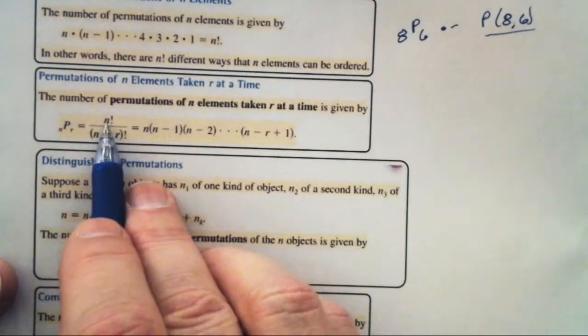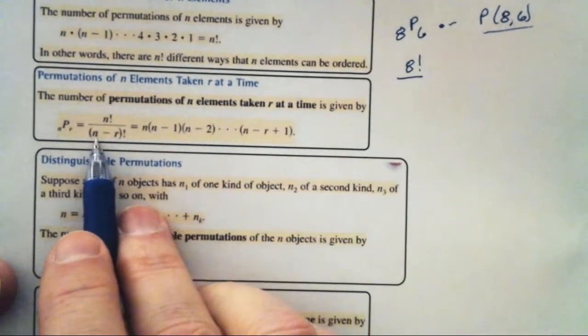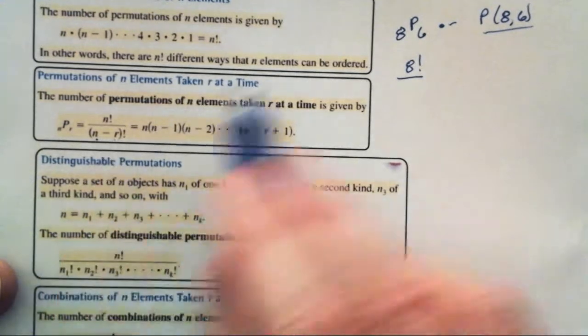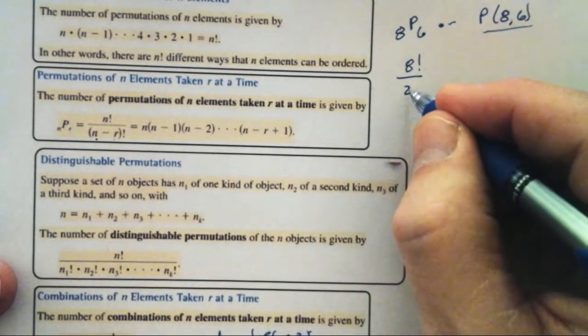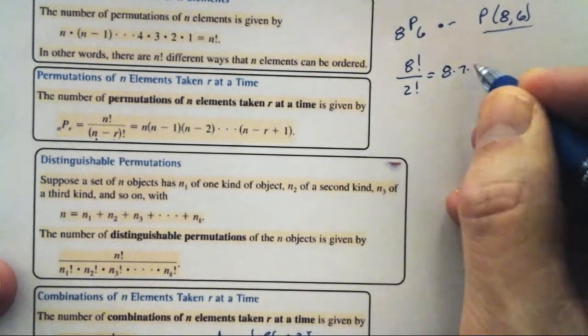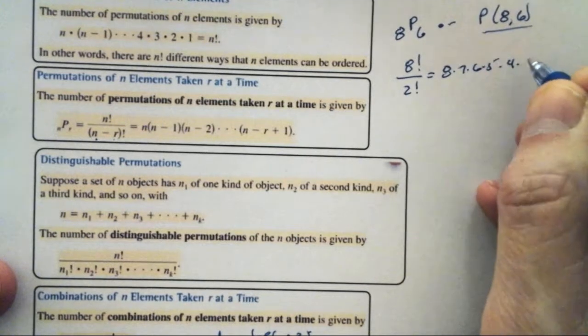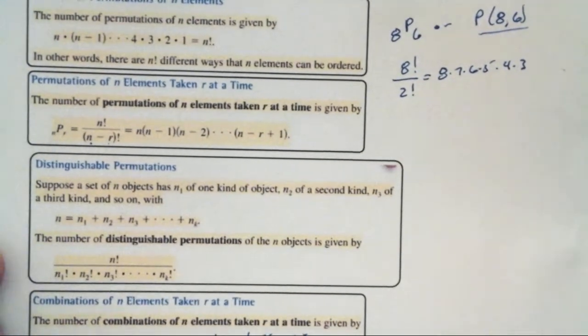And that means we take the numerator, the 8, go factorial with it, and put it on the numerator over the denominator, 8 minus 6, 2, 8 minus 6, 2 factorial. And we get 8 times 7 times 6 times 5 times 4 times 3, and the times 2 times 1s cancel. So that's how we would handle a permutation.